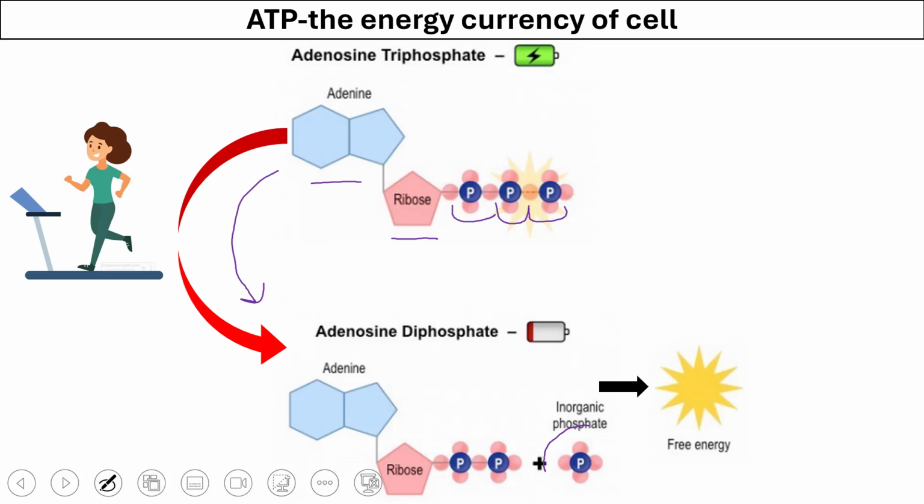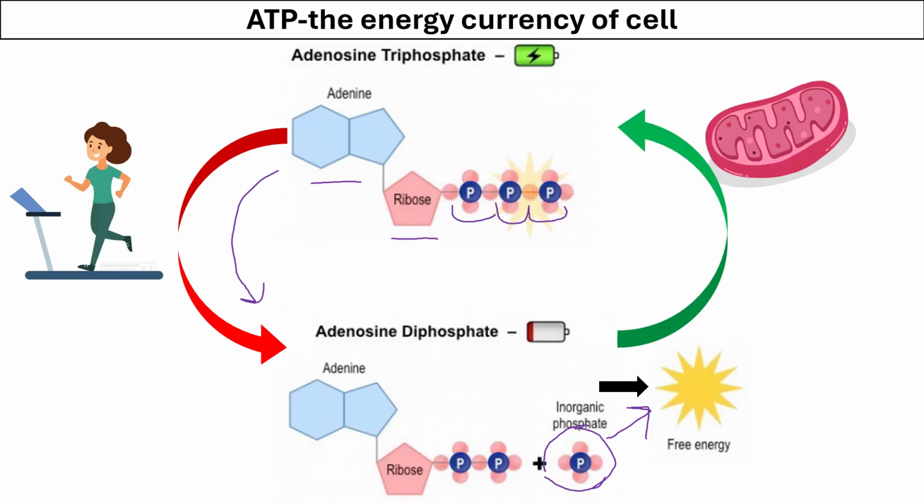A phosphate is released, which leads to the release of high free energy. When your body requires energy, you need to synthesize ATP. At that time, ADP gets converted into ATP by the addition of a phosphate, and this process occurs in the mitochondria of your cell, which is why the mitochondria is called the powerhouse of the cell.